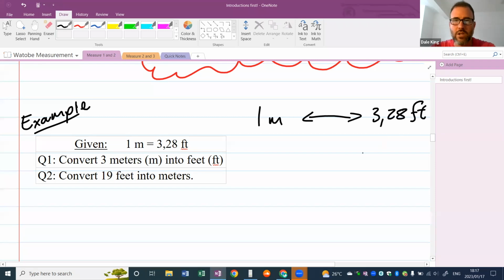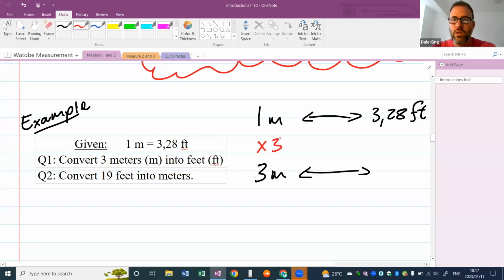All right, so that's the relationship. When you have 1 meter, you always have 3,28 feet. Now, if we want to change the 1 meter into 3 meters, what are we doing to that 1 meter to change it into 3? We have to multiply that by 3.